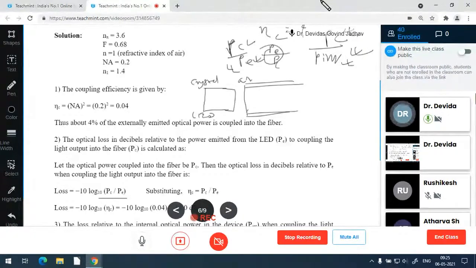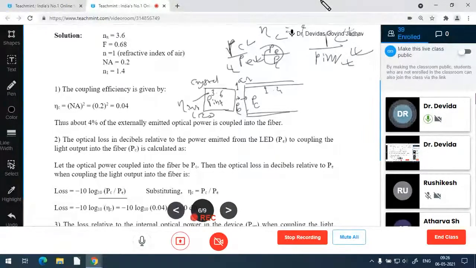So this crystal has refractive index 3.6, this is 1, and this is 1.4. This crystal generates the internal optical power P internal with the efficiency eta internal from the connected electrical power. It emits the photons into air. This power emitted is PE, and then it couples into the fiber. This coupled power is PC.